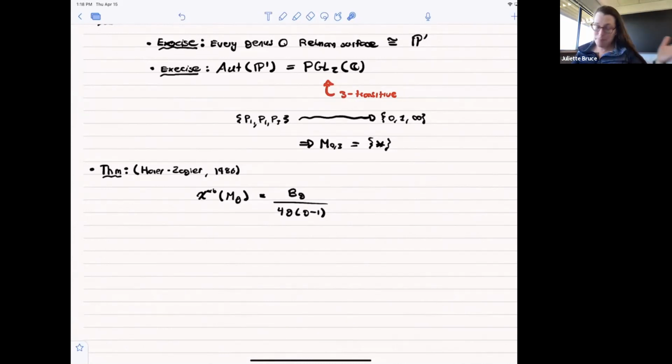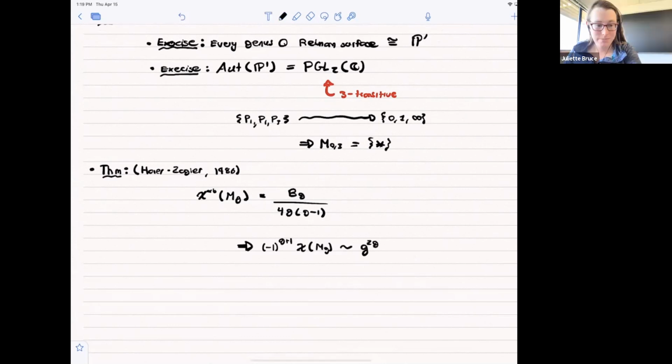But I think this is an amazing, at least numerical, coincidence, and it also has some interesting implications that I'll end by saying, which is that, up to a sign, the normal Euler characteristic of Mg is asymptotically of the size g to the 2g.